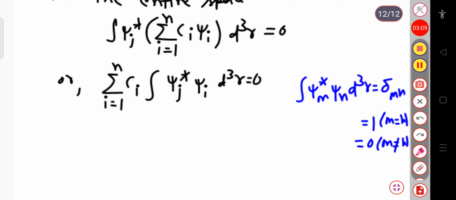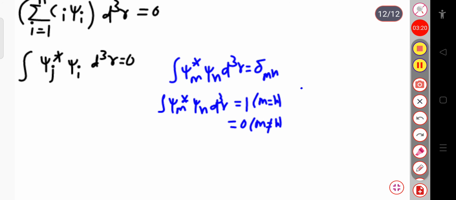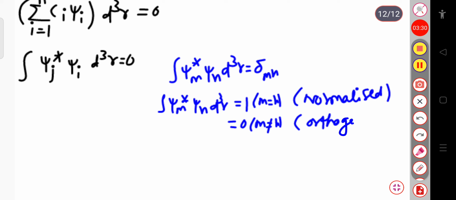When this value is 1, it is called the normalized relation, and when this value goes to 0, it is called the orthogonal relation or the orthogonality condition.